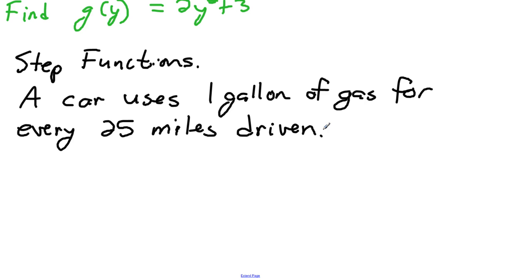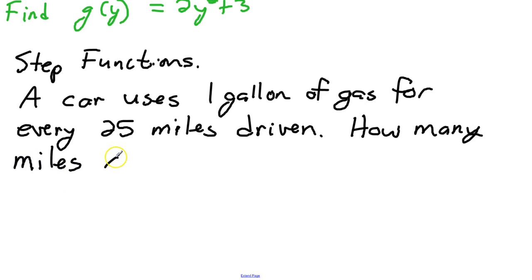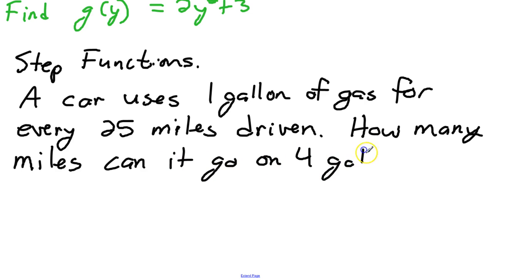A car uses 1 gallon of gas for every 25 miles driven. And they'll ask you, okay, how many miles can it go on 4 gallons?